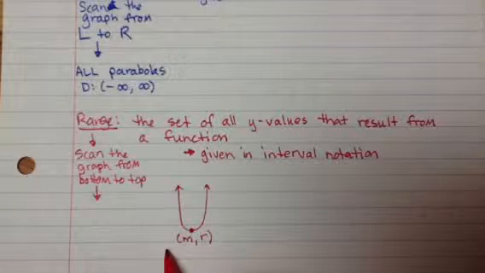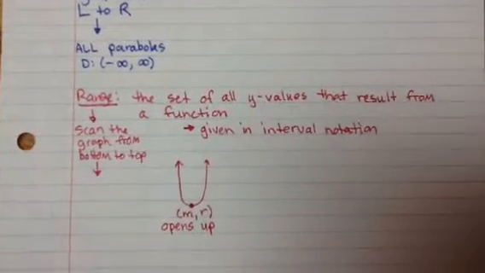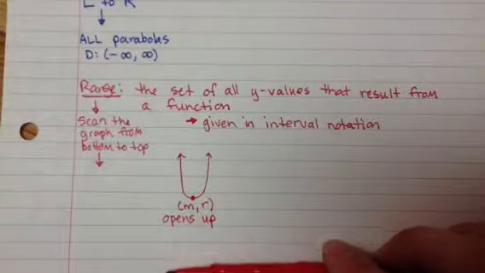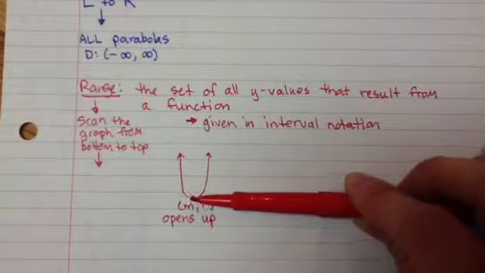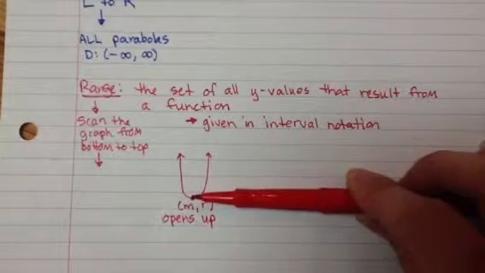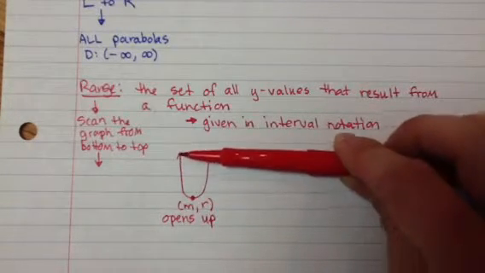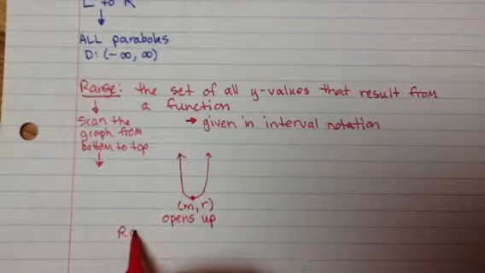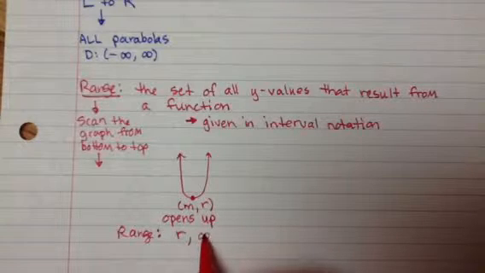If your parabola opens up, then when you scan the parabola from bottom to top, down at negative infinity there's not any parabola. The parabola doesn't kick in until right here, at the y value R. Then the parabola keeps going forever. So the range will be from R to infinity.